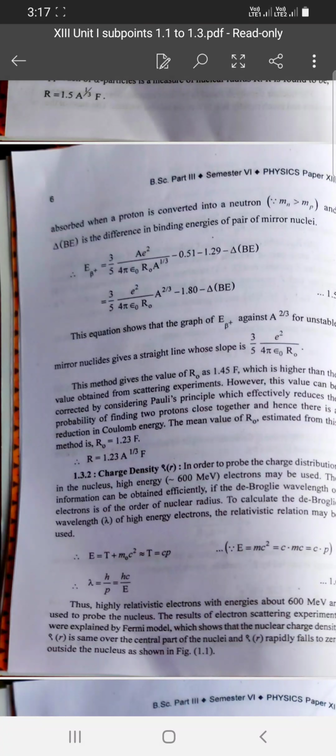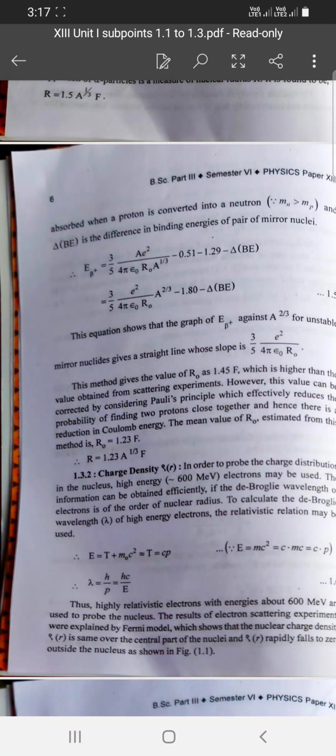If the odd nucleon changes from a proton to a neutron by beta plus decay, then the total number of nucleons remains the same. It is EC equal to 3/5 Z e squared upon 4 pi epsilon 0 R. And delta EC, the difference in Coulomb energies of mirror nuclei in which Z differs by 1 unit, is given by equation number 3.